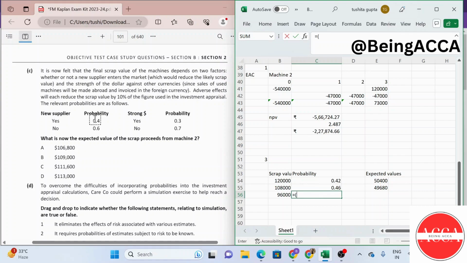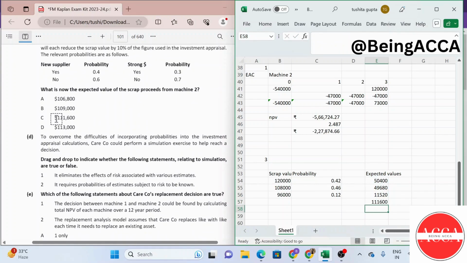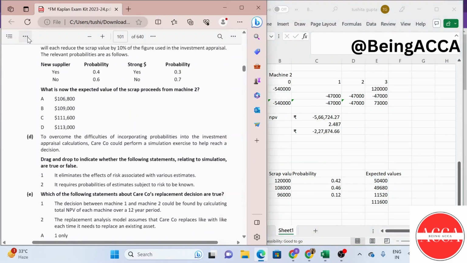There is a new supplier entering, which is 0.4, and then there is also the dollar getting stronger, which is 0.3. So with this we will get an expected value of this much, and if I just total these up, I will get my total expected value, which will be my final answer. So this comes out to be 111,600. Option C is my answer.